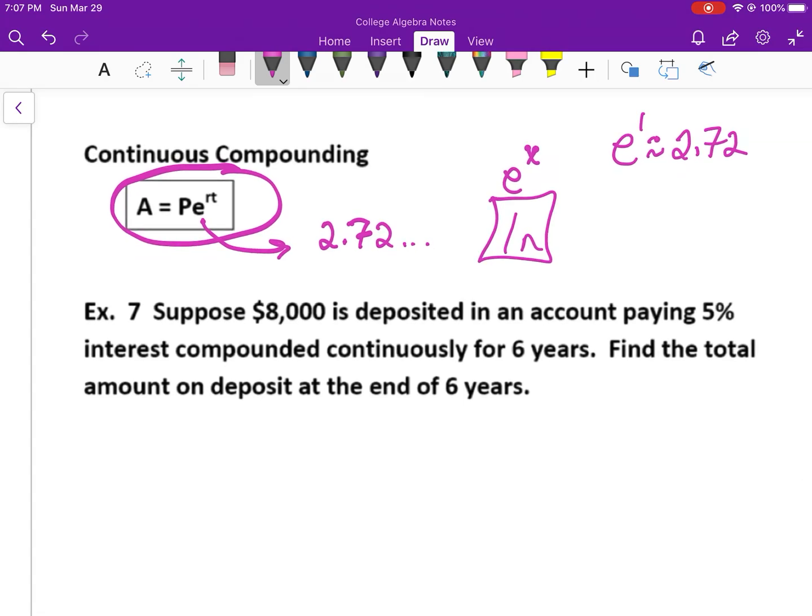Okay. We're going to deposit $8,000, so that is your present value, that is your P. The account pays 5%, that's your interest rate, compounded continuously for 6 years. Find the total amount on deposit, so we're finding A after our 6 years is over.